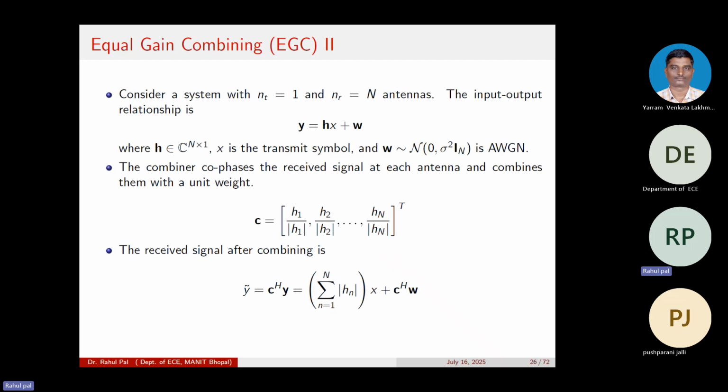So these are the ways we are using in equal gain combining. As h1 is a complex number, h1 is equal to a1 times e raised to the power j phi 1. Now what is the modulus of h1? The modulus of h1 is nothing but the amplitude only. So what is the amplitude of h1, which is a1?